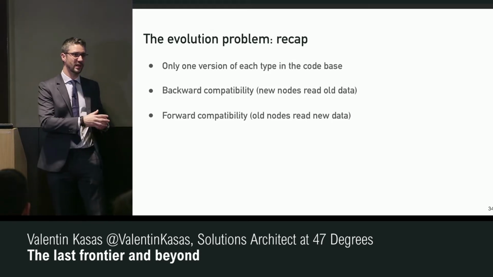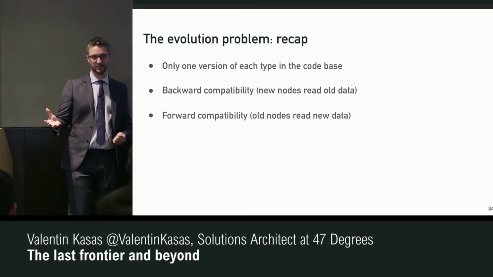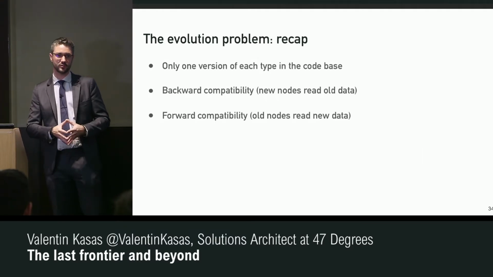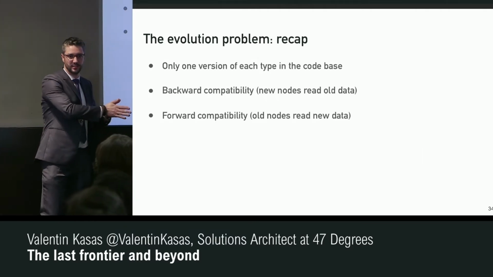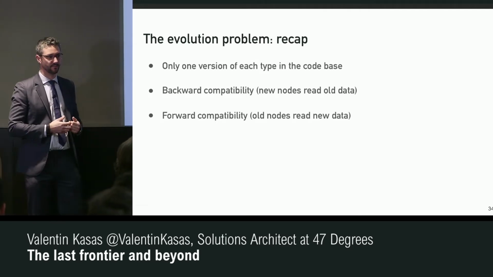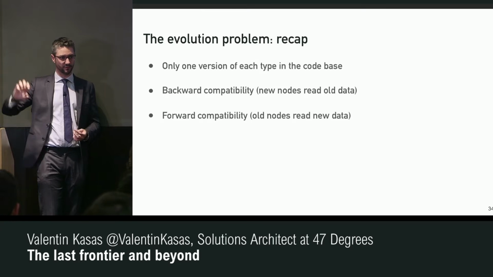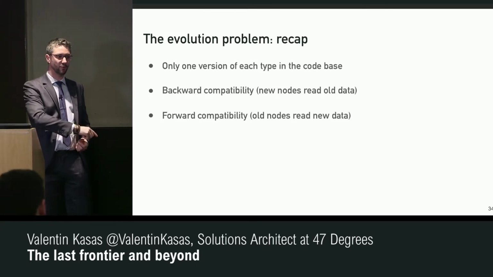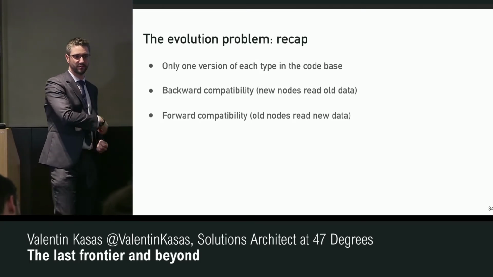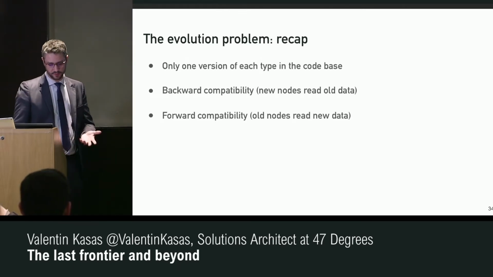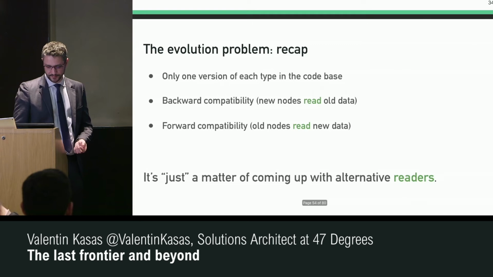So if you want to change the structure of your events, you have to be very careful because you will never be able to change the events you've saved in the past. So even if you change the code that represents the events in your code base, you must remain able to read the old events when you restart your application from scratch, right? So backward compatibility is really, really important.